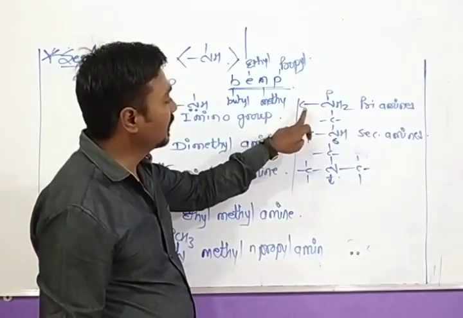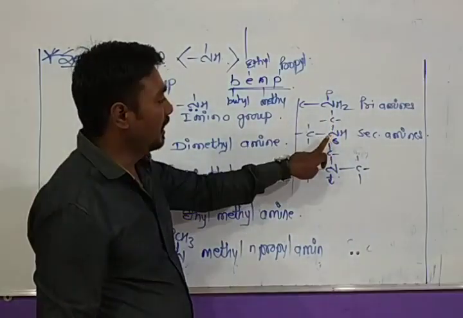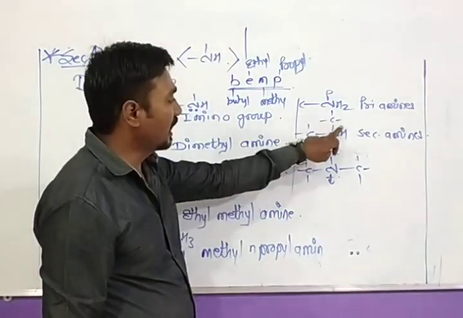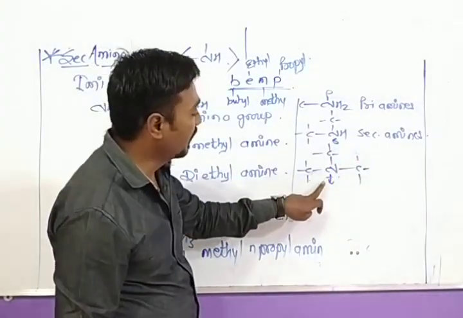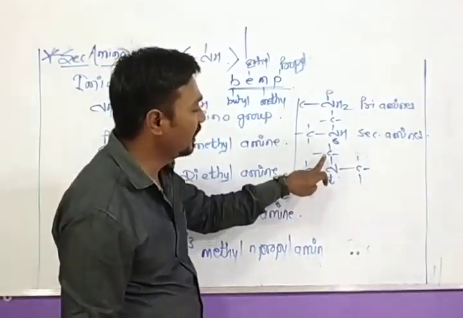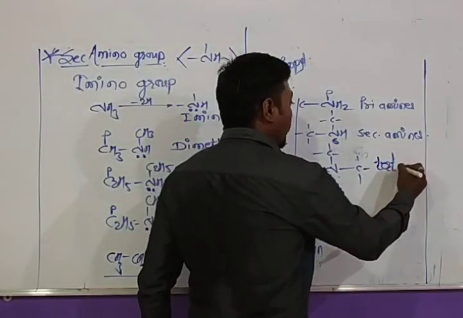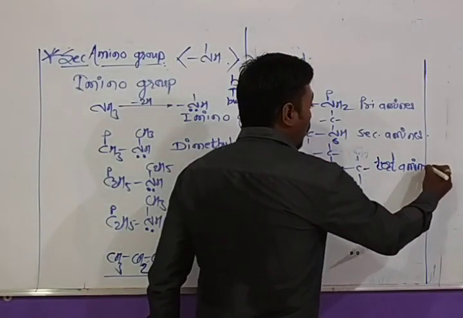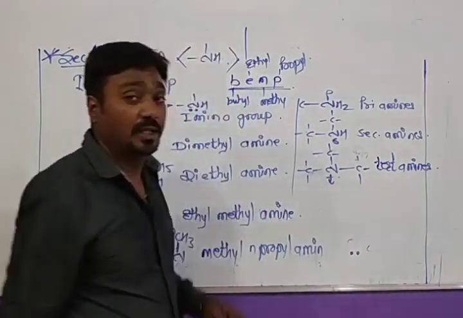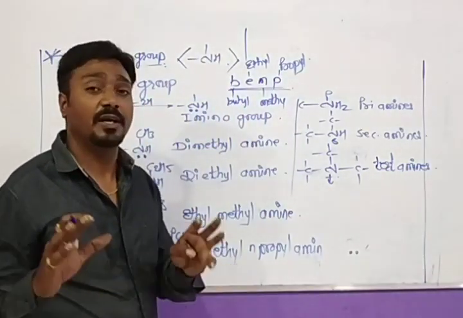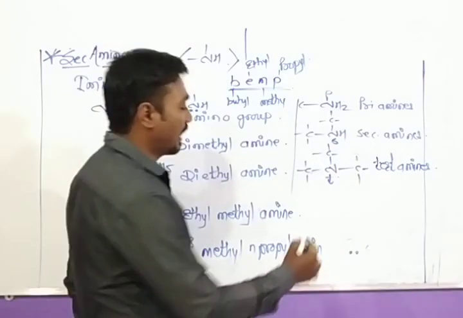If nitrogen is attached to one carbon, that is a primary amine. If nitrogen is attached to two other carbon atoms, it is a secondary amine. If nitrogen is attached to three other carbon atoms, it is a tertiary amine. But except amines, all other compounds are classified as primary, secondary and tertiary on the basis of the carbon atom.